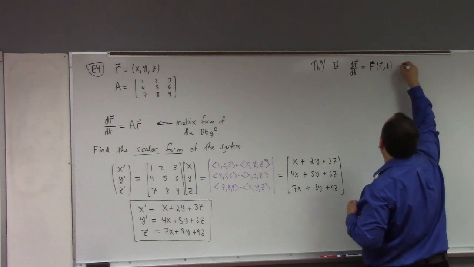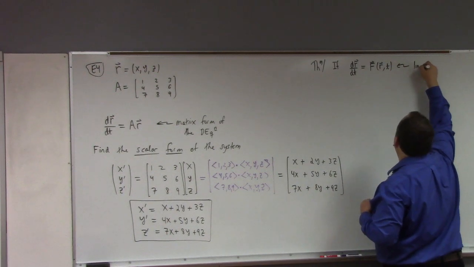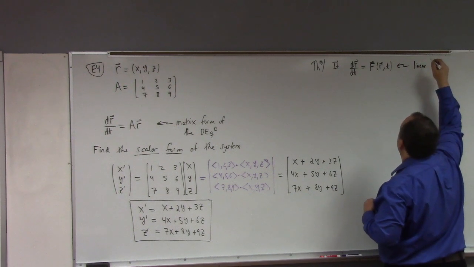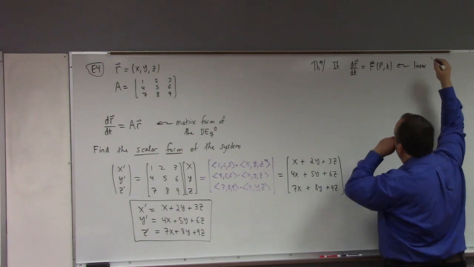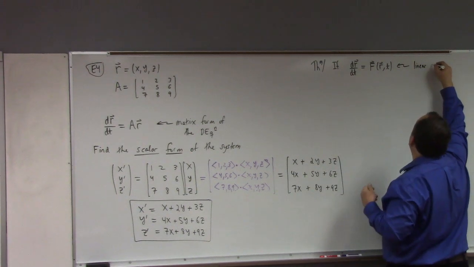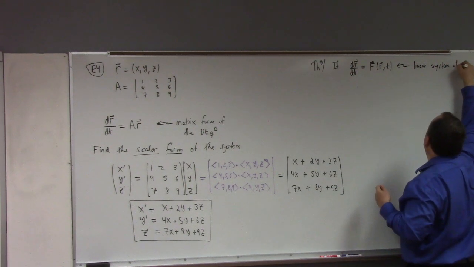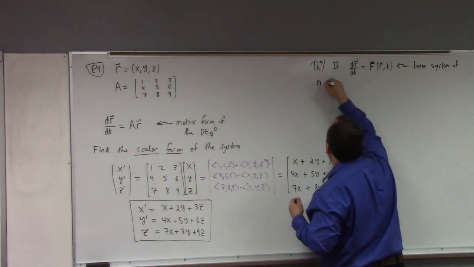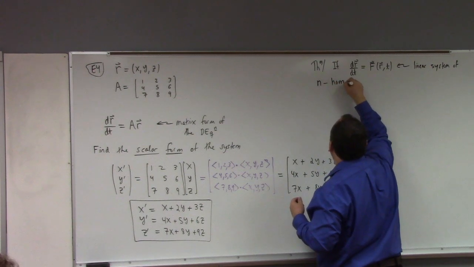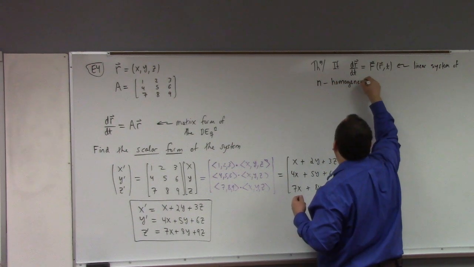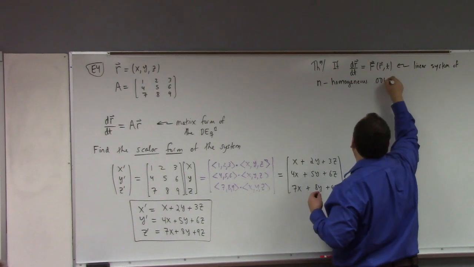So what I'm saying is this is a linear system of n homogeneous ODEs, all right? We'll keep it homogeneous for a second here.